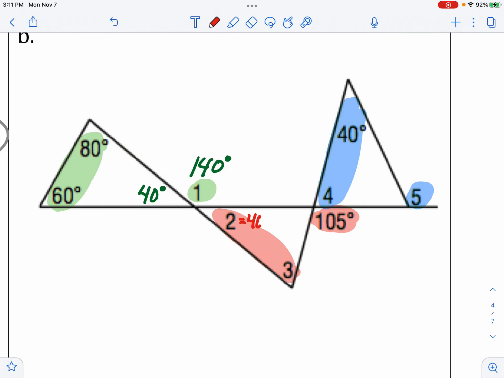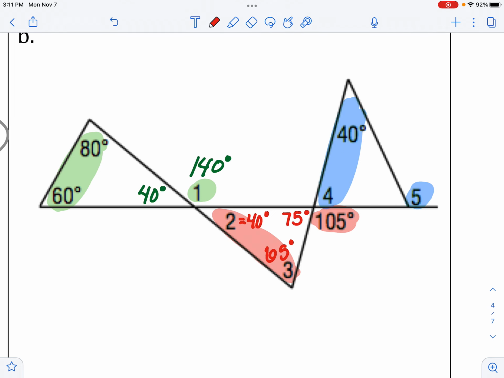So angle 2 should be 40 degrees. 105, well, angles 2 and 3 should add up to 105. So if I take 105 minus 40, what would I get? Or 40 plus x equals 105. You should get 65.